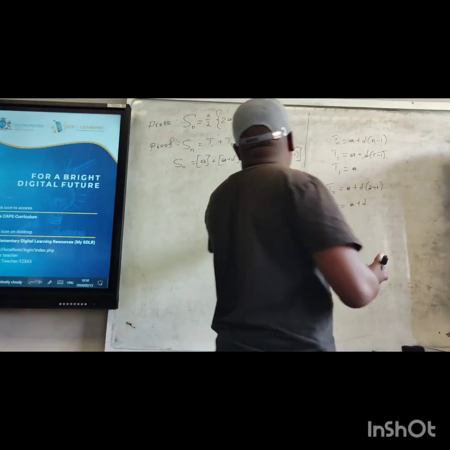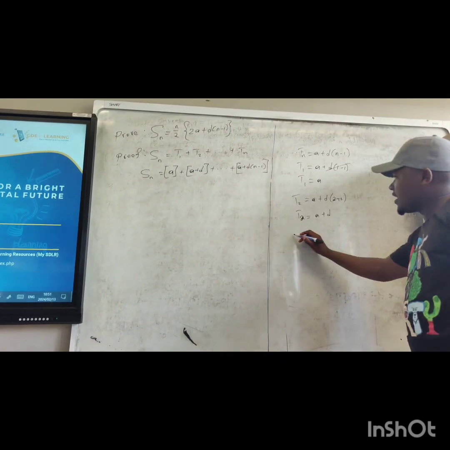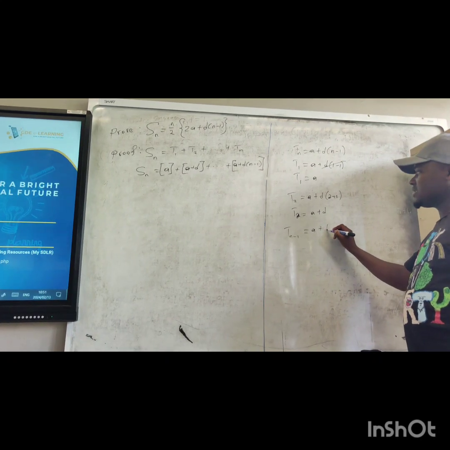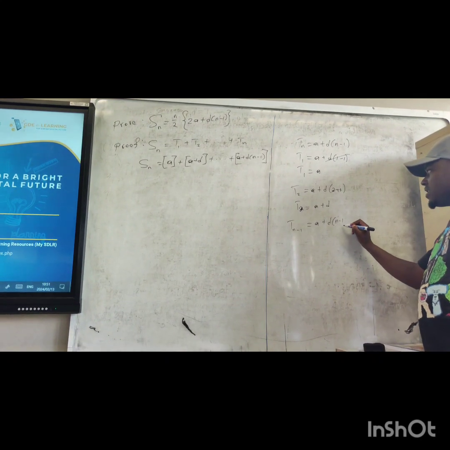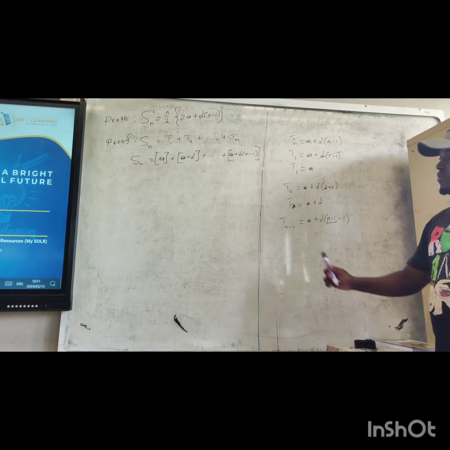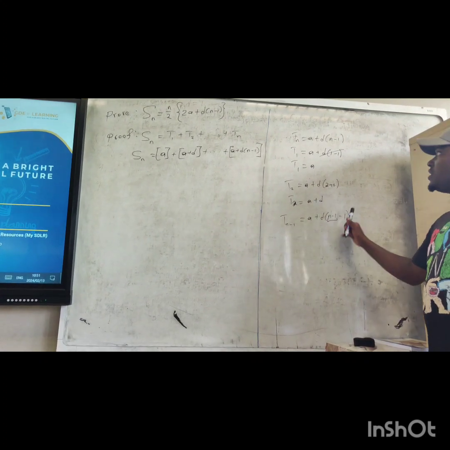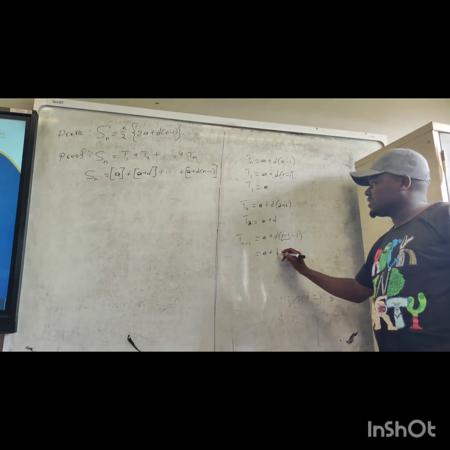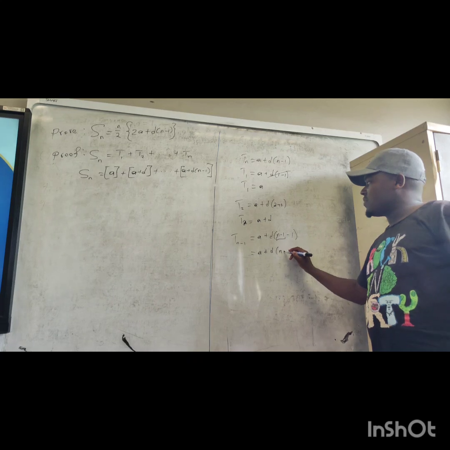Then if someone wanted the previous one before this one, it will be Tn minus 1, which will be A plus D into n minus 1 minus 1. Again, this is the position of n, which is n minus 1. Then you put the minus 1, and you are going to get A plus D into n minus 2.